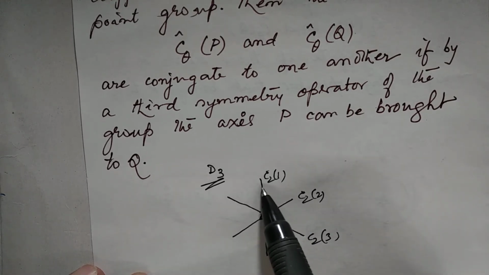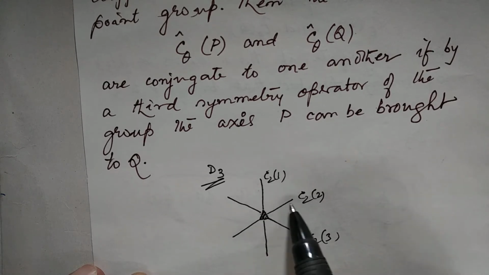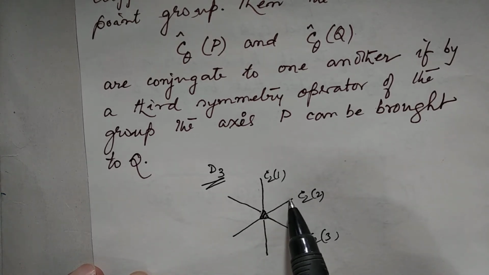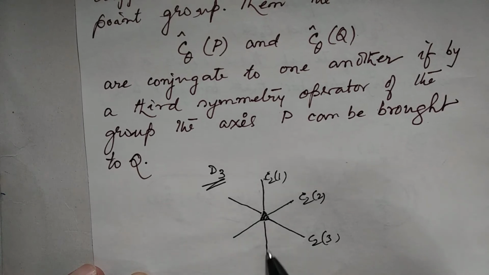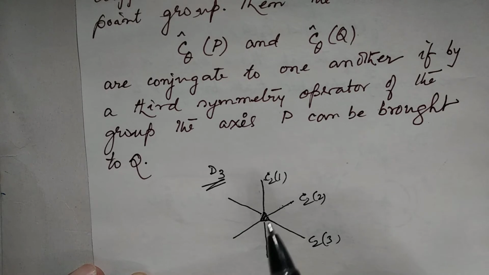Then these two rotations, both are 180-degree rotations, will be conjugate because this axis of rotation can be brought to this one by a C3 rotation about this principal axis.